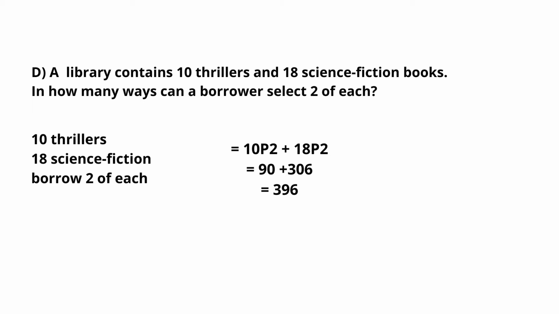So we're going to use the permutation rule. So 10P2 and 18P2. So it's going to be 90 and 306. So a total of 396 ways for the borrower to select 2 of each. So that's all for question 1. We're going to move to the next questions.